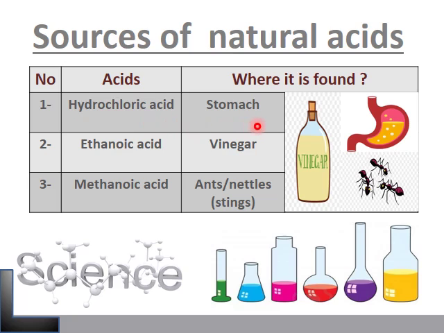It is found in our stomach. Hydrochloric acid is found in the human stomach. As you can see here, it helps in digestion. Ethanoic acid you can find, it's also called vinegar. It is present in your kitchen. So in your kitchen you can find this chemical, and it is an acid.